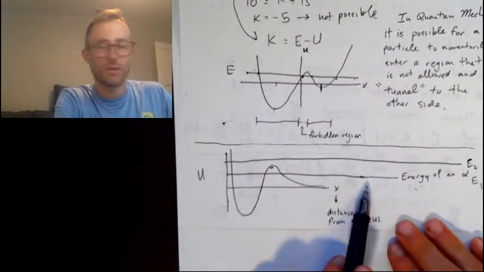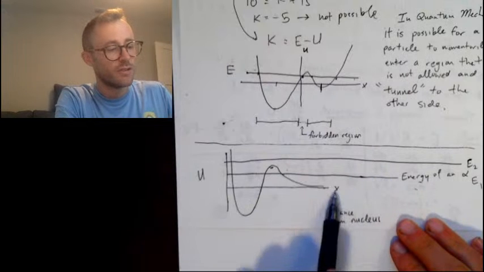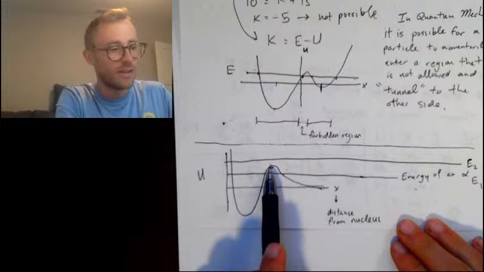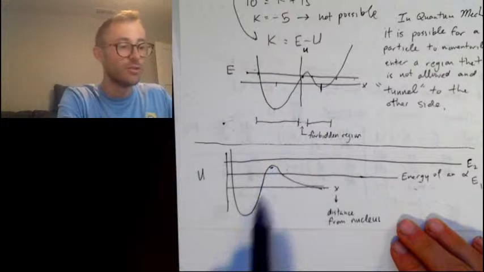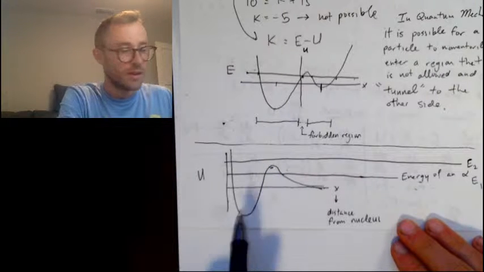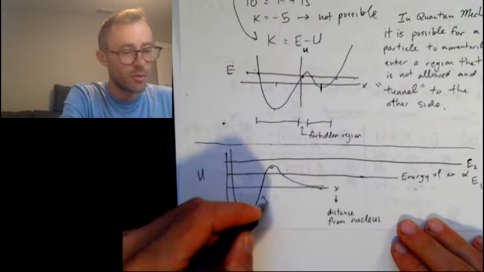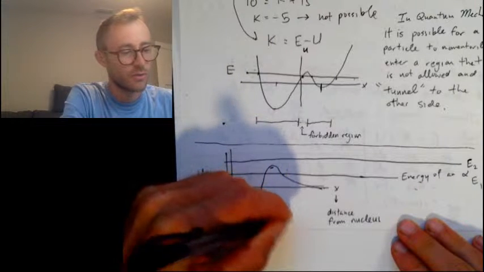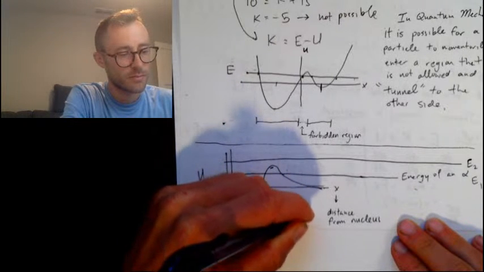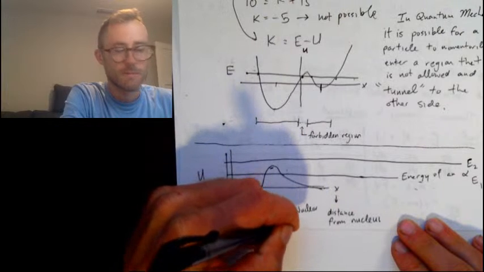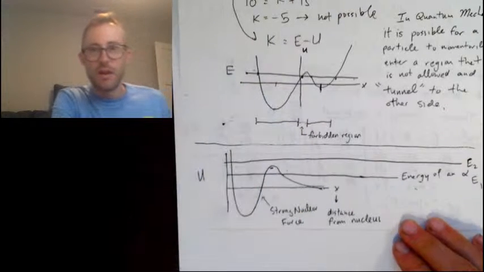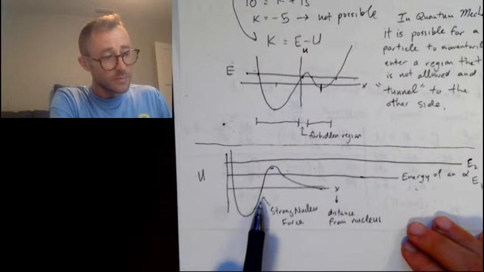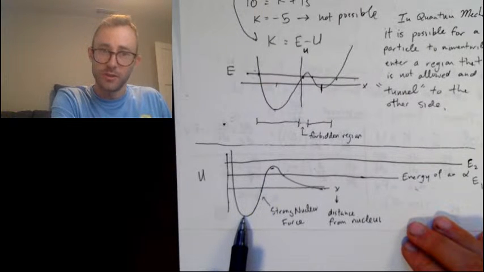If we give the alpha particle more energy, it is able to overcome the electrical repulsion, and then it actually gets pulled into the nucleus. The thing that causes it to get pulled into the nucleus is called the strong nuclear force.